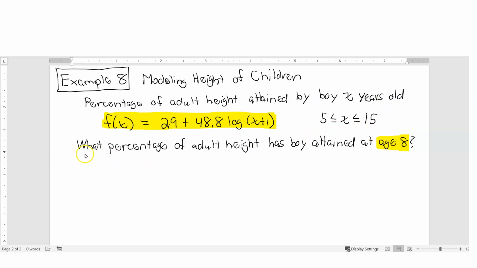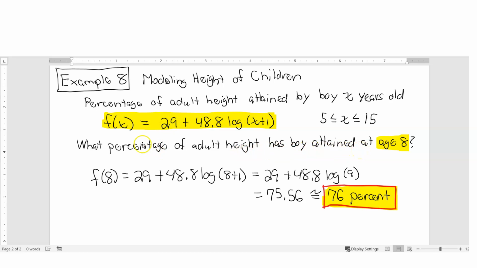But the question asks us, what percentage of adult height has a boy attained at age 8? So for this particular question, we're asked to evaluate this model function when x is 8. So finding f of 8, we'll have 29 plus 48.8. And now where I see x here in the log expression, I'll put 8. So we really have 29 plus 48.8 times the log.